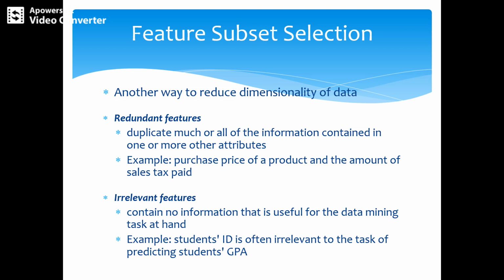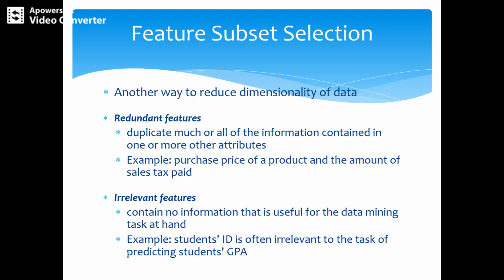Redundant features duplicate much or all of the information contained in one or more other attributes. For example, the purchase price of a product and the amount of sales tax paid might be redundant features, and we can remove them. Irrelevant features contain no information that is useful for the data mining task at hand.